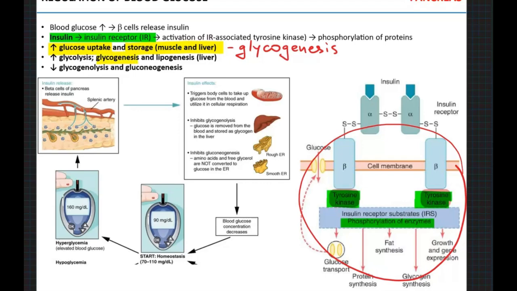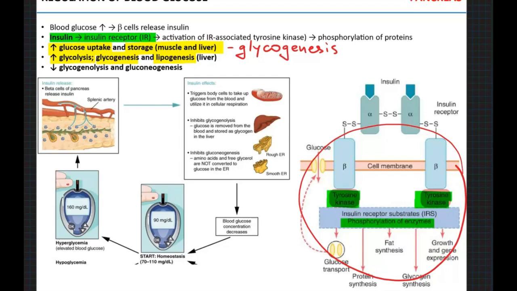Now, just like you bring food home and start cooking your dinner, glucose that enters your cells is used in the process of glycolysis, which is also increased. Now, when your glycogen storage is overwhelmed, I guess, your liver starts making fat in the process of lipogenesis.